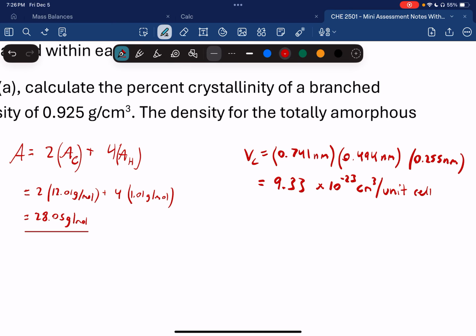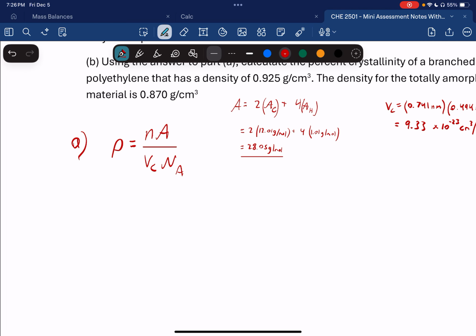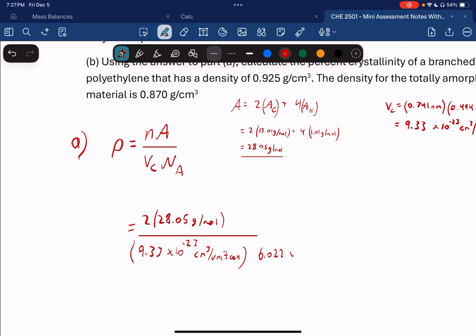All right. And now we're just plugging into the equation. So we can just do this 2 times 28.05 up top, put units on that. And then on the bottom, we have the volume, 9.33 times 10 to the minus 23 centimeters cubed, times Avogadro's number, 6.022 times 10 to the 23 repeat units per mole.